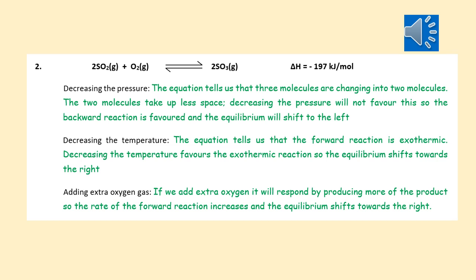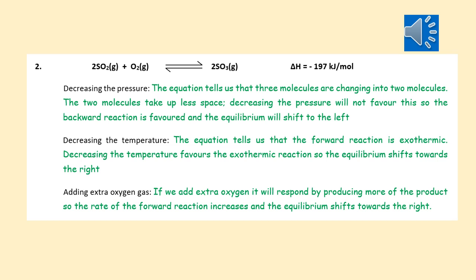Well, if we decrease the pressure, that will favour the left-hand reaction, with 2 molecules of SO3 changing into 3 molecules of the other two. That will take up more space. Decreasing the pressure will favour the left-hand reaction, and therefore the equilibrium will shift towards the left.